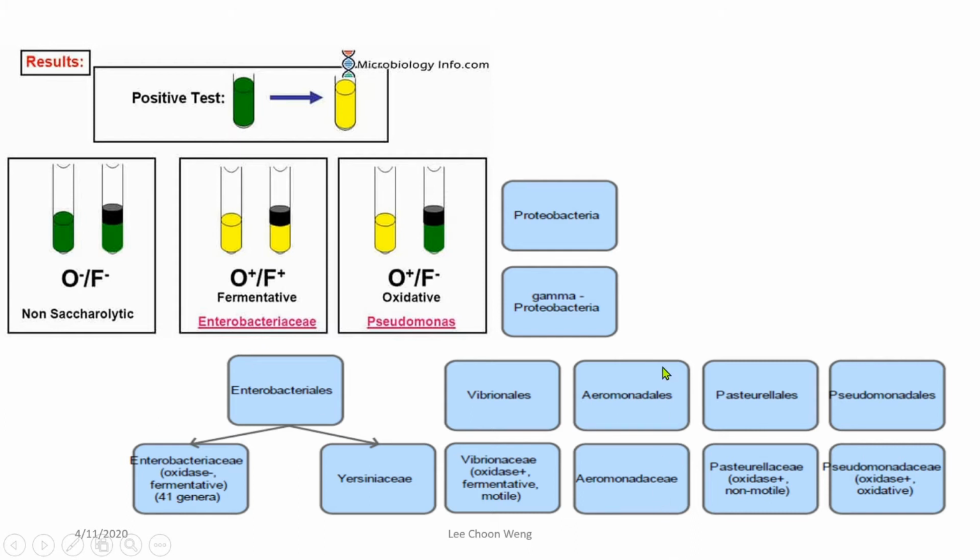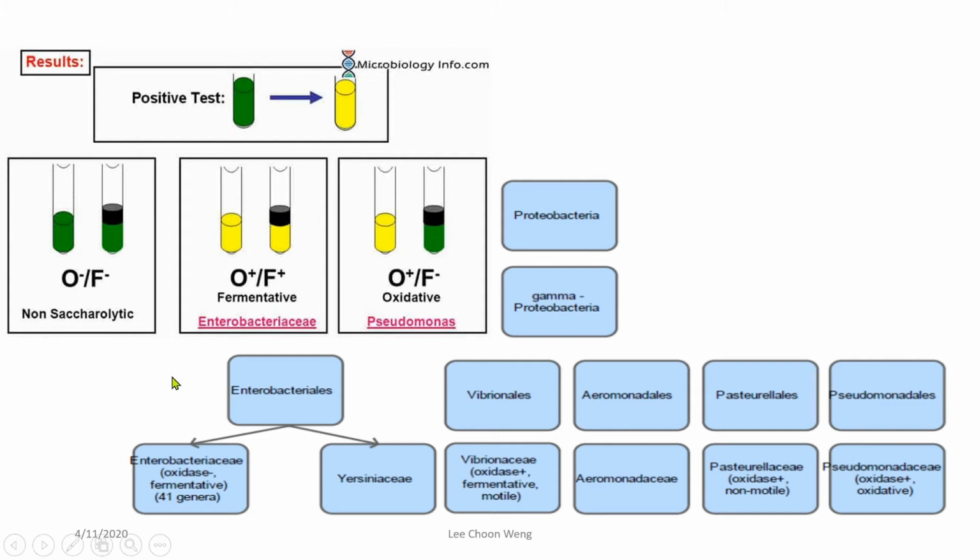If you look at this diagram here, it shows the importance of both the oxidative-fermentative glucose test and the oxidase test in order to differentiate the families in the class Gammaproteobacteria. Gammaproteobacteria is important because this is the class where most of the bacteria can be cultured.